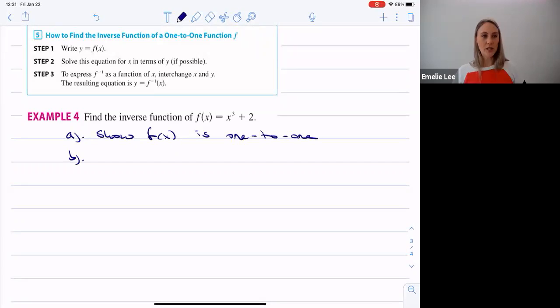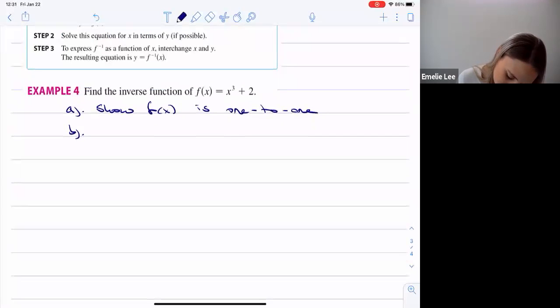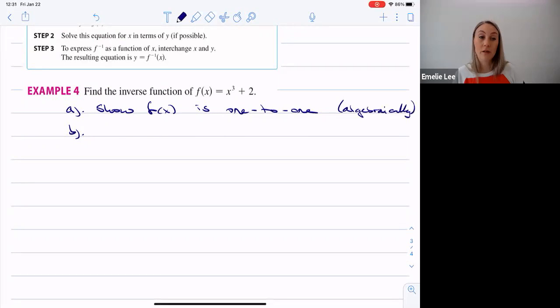Okay. You've got options. If you draw the graph, then you could use the horizontal line test, right? I'm going to specify algebraically here, but you can confirm it by drawing it in Desmos and just making sure that it passes the horizontal line test, right, which it will.